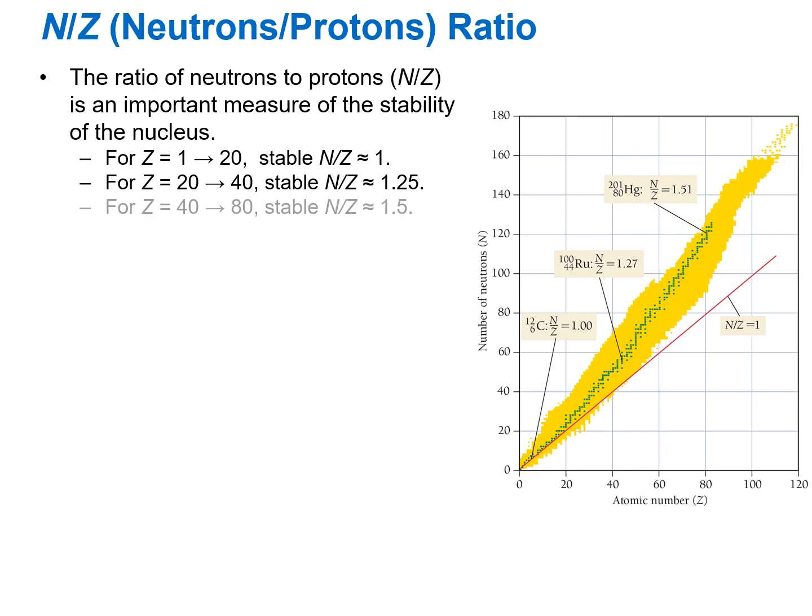Well, what if we get to that 40 to 80 range? Again, as long as we have the neutron to proton ratio being about 1.5 or so, maybe even a little bit less, we're still looking at something that is stable, something that is not likely to decompose.